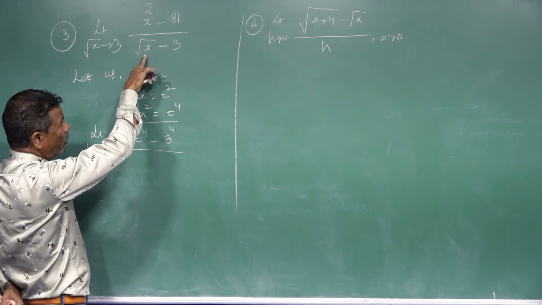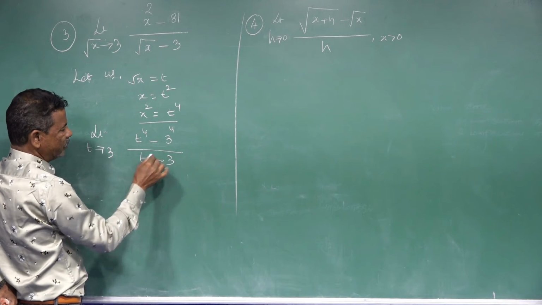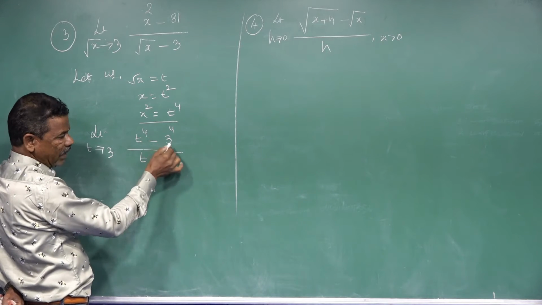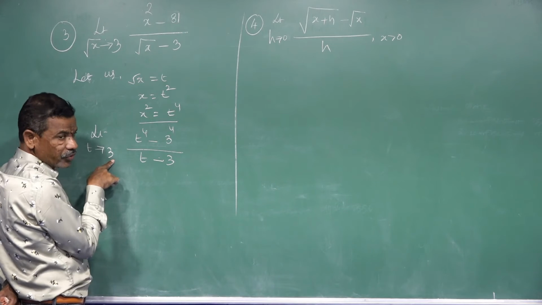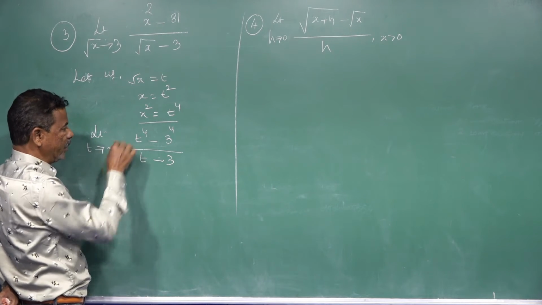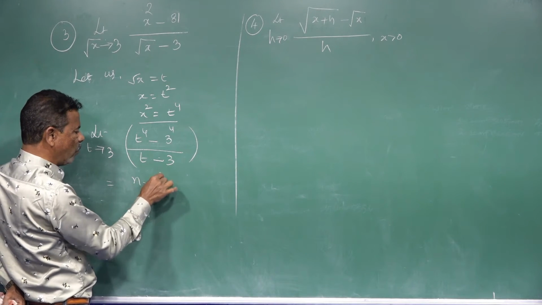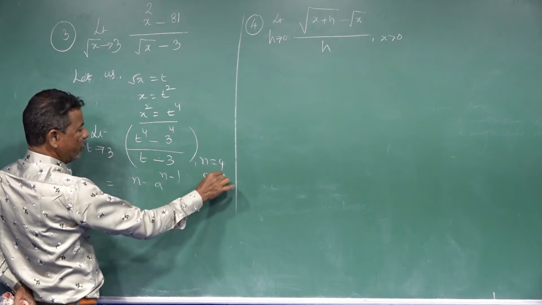Now the denominator is t minus 3 as it is. So this is the form of (x power of n minus a power of n) by (x minus a), where x tends to 3, instead of x we put 3. So according to that formula, n into a power n minus 1. Here n value is 4, a value is 3.